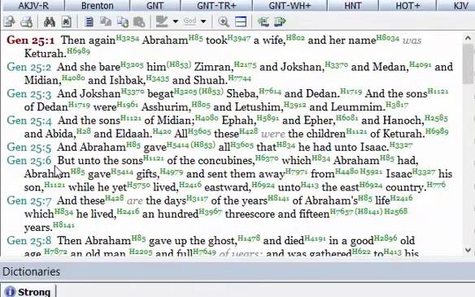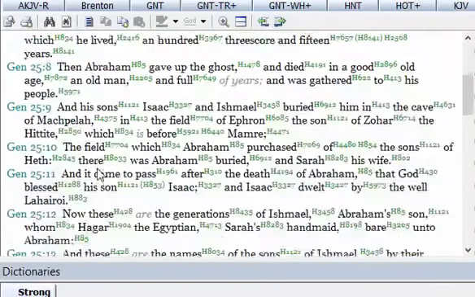Genesis 25, bear with me one second so I can find the verse. We're just going to go right to the point.